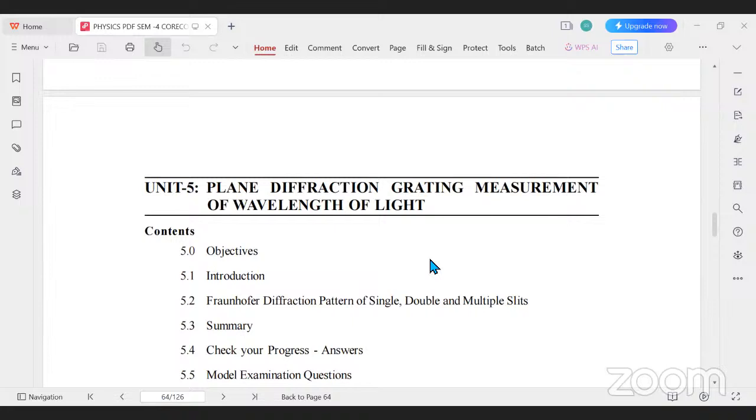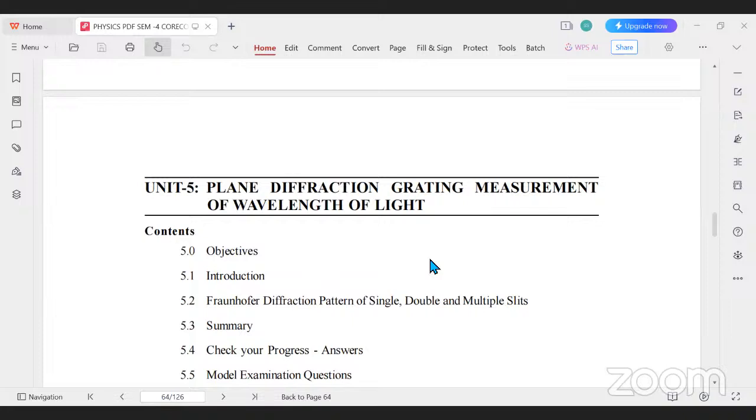So in general terminology, we can say that a diffraction grating defines an optical component with a periodic structure that splits the light. I'm trying to explain it in a general, easy way.